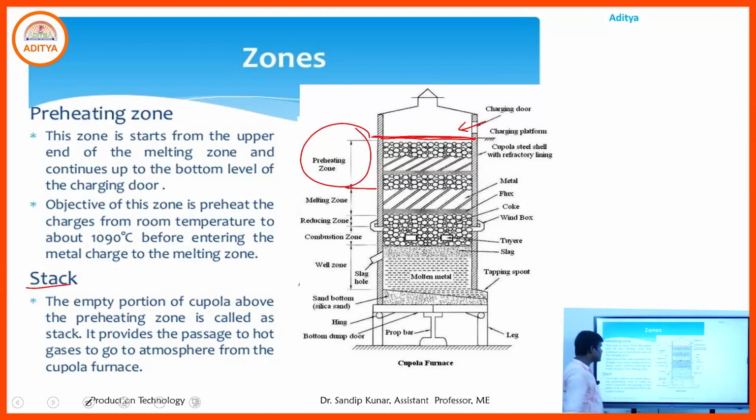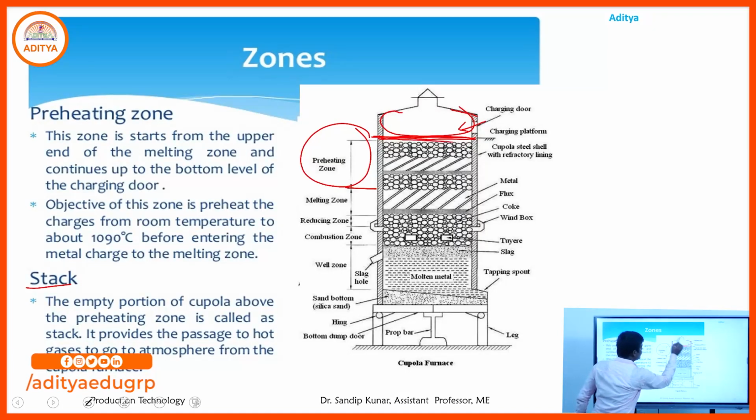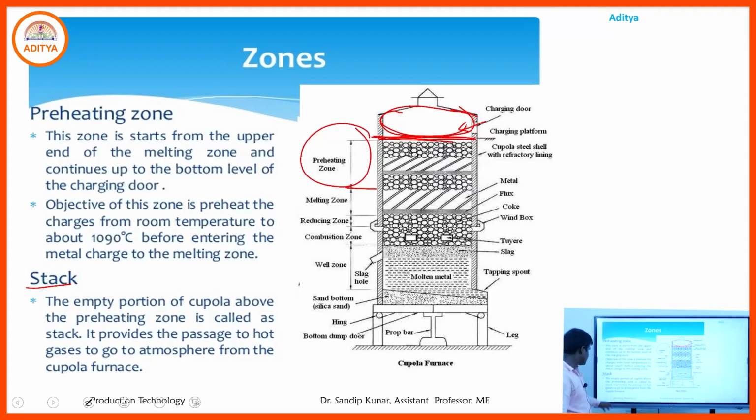Stack. The stack is the empty portion. That empty portion, the upper part of the furnace, is called the stack zone. The stack zone is above the preheating zone of the cupola.